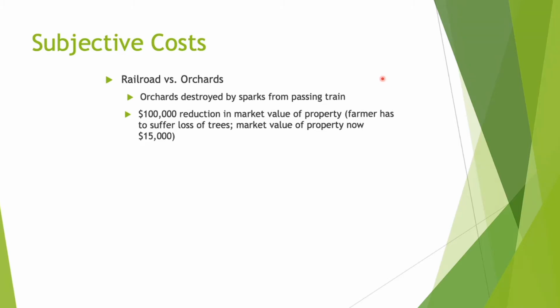So the market value of the property without the orchard is not very high. It's only $15,000. So let's suppose that for the railroad to install a spark reduction device that allows the farmer to continue to have the orchard, this would cost, let's say, $120,000.